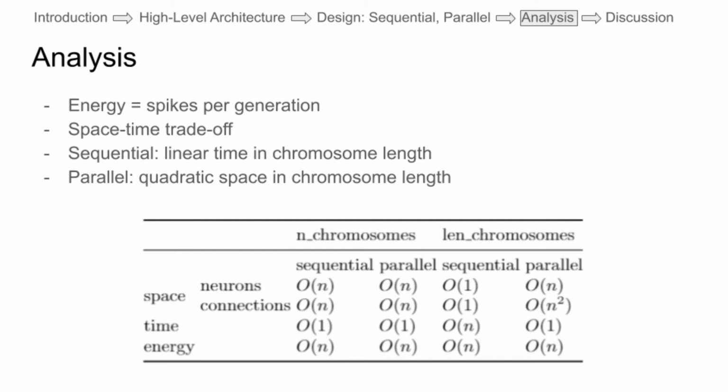The sequential design is linear in the chromosome length, linear time complexity, because of course chromosomes get processed over time, but doesn't expand in space requirements with longer chromosomes, while the parallel design is constant in the time execution, but expands quadratically in space with the chromosome length with regard to the needed connections, and linearly in space with regard to the needed neurons. So there's the space-time trade-off between the two designs.